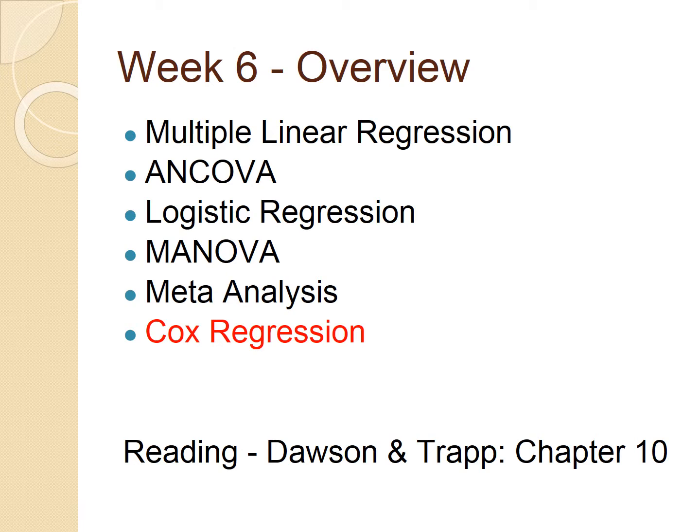This week covers various multivariate analysis techniques like multiple linear regression, which is an extension of simple linear regression when there is more than one predictor variable. Last week, we looked at simple linear regression, which is a model that has only one predictor variable. And general linear models, or simply GLMs, are an extension of multiple regression.